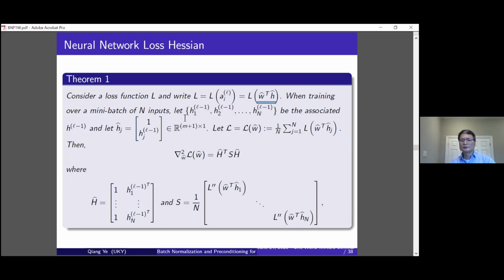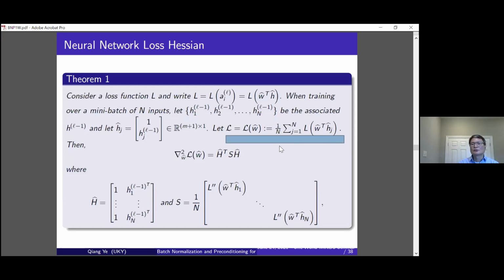Now, when I train the loss over a mini batch of n inputs, let H1, H2, through Hn be the corresponding hidden variables at layer L minus 1, and I also add 1 to each vector, called Hj hat. Then in training, we actually use the mean loss, which is just 1/n of the sum of the loss over the n examples from the mini batch.